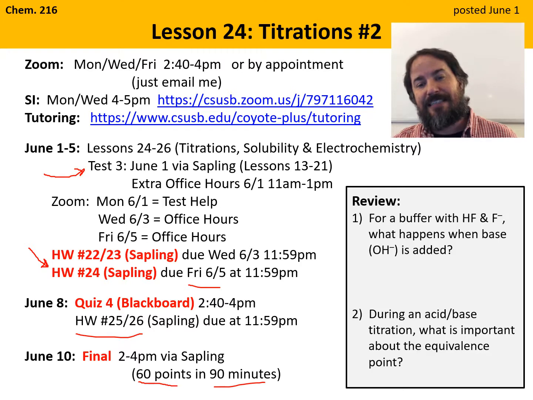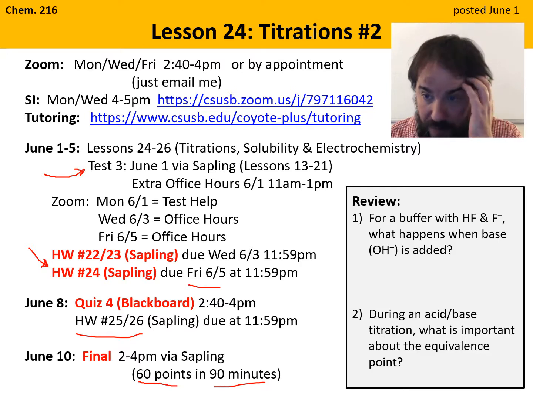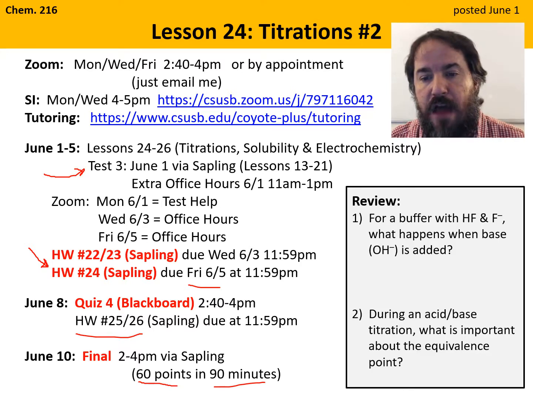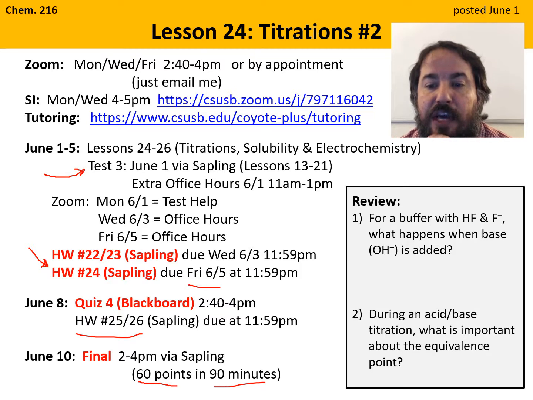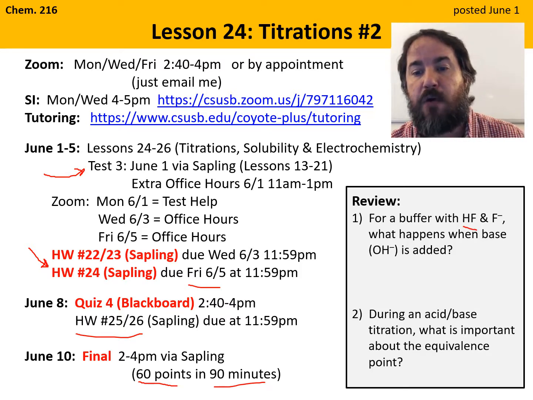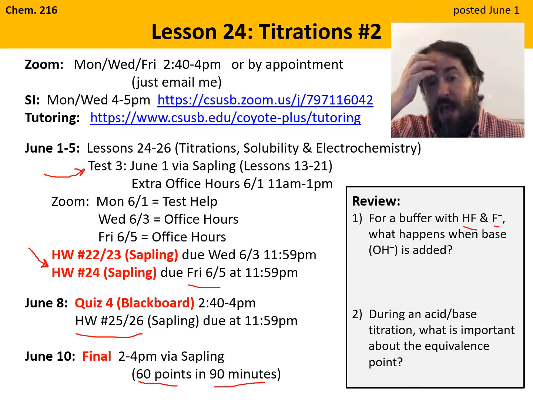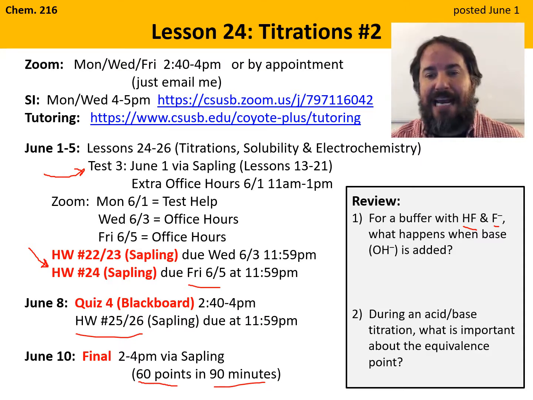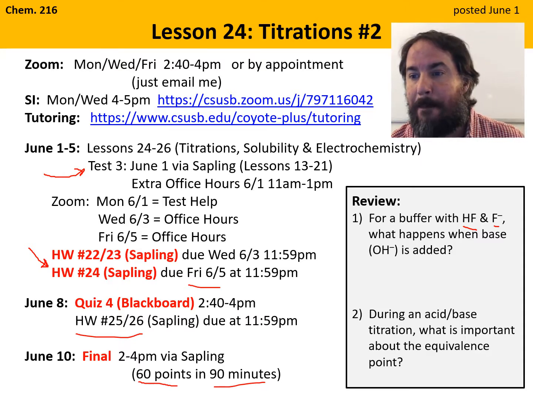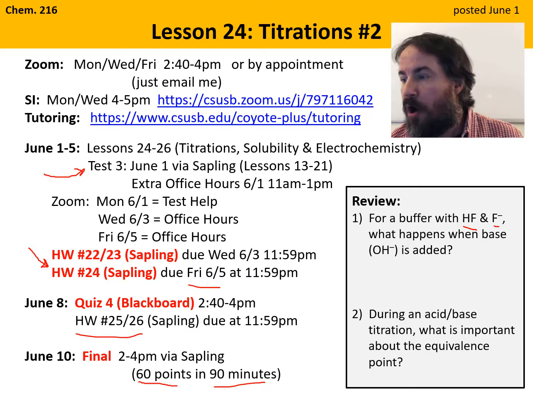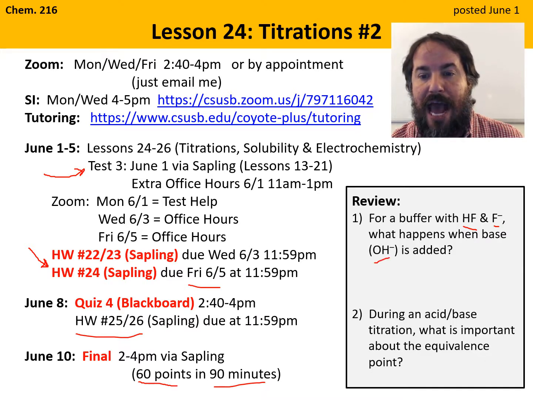Okay, so last time we ended up talking about buffers. We finished that off, and we said that a buffer is a weak acid, like HF, and a weak base, like F-. Let's say we add in some base, some OH-. Well, OH- is going to react with one of these two, HF or F-.